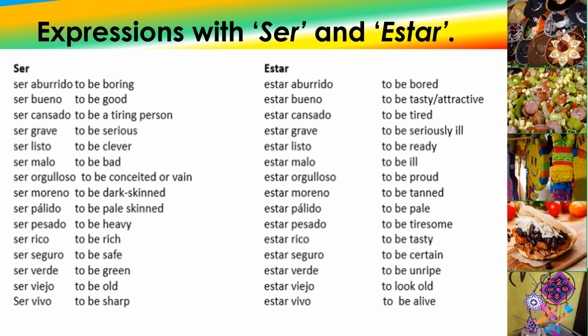All right. Ser malo means to be bad. Pero estar malo means to be ill, to be sick. Ser orgulloso, to be conceited or vain, a cocky or conceited person. But estar orgulloso means to be proud, when you're proud of someone, okay?